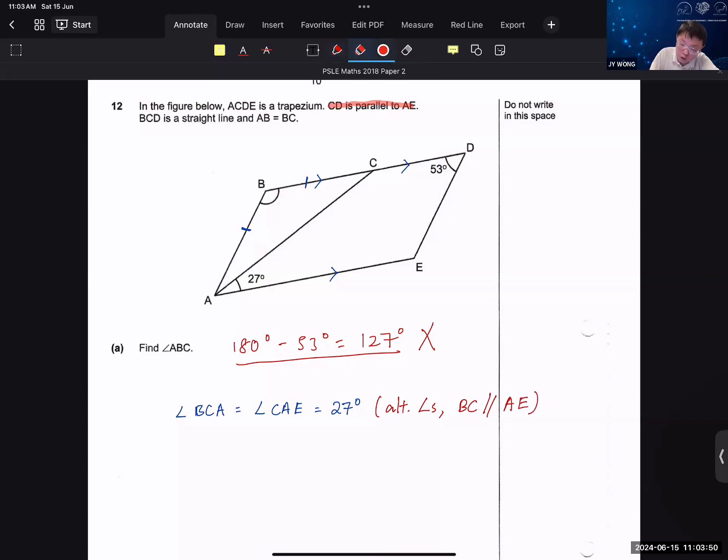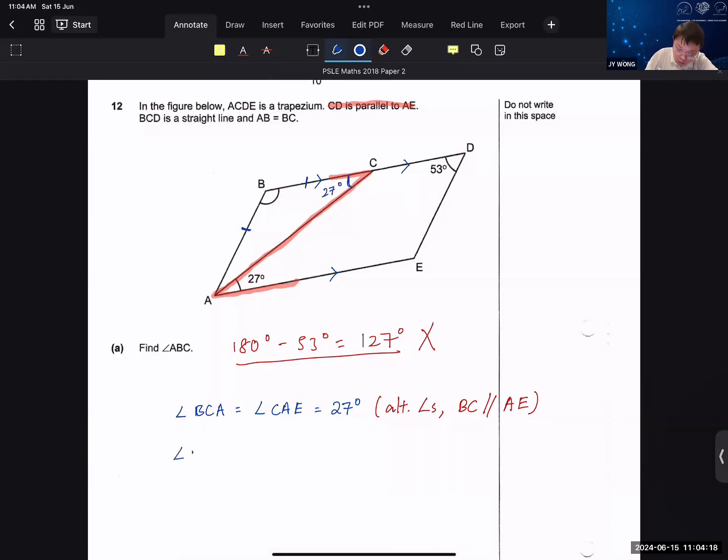So you have your 27 over here. So this is 27. This is also 27 because alternate angles.